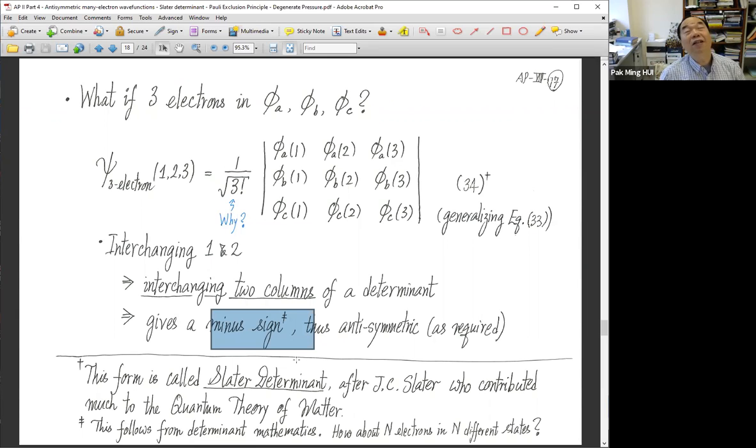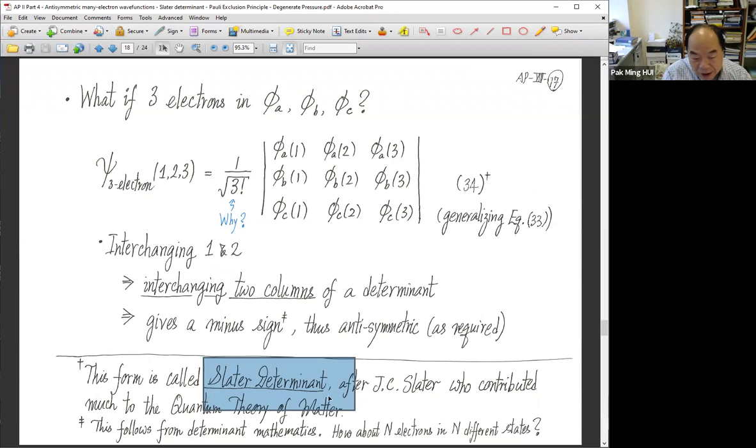Okay, I think in year 2, just 1 or 2 pages of reading will refresh your memory. In this form, it is guaranteed to work. So let me introduce the name for this way of writing the many-electron wave function in terms of single electron states.